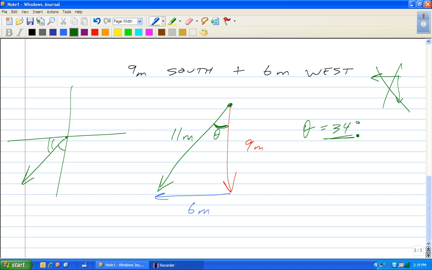Well, but which one is 34? This or that? This. Thank you. That's why I say this and that, because you can respond and I know which one you're talking about. This angle is 34 degrees.